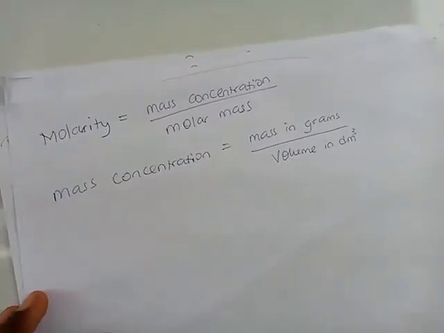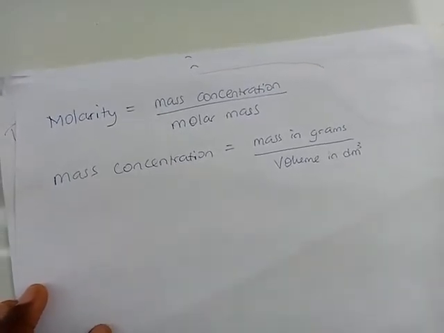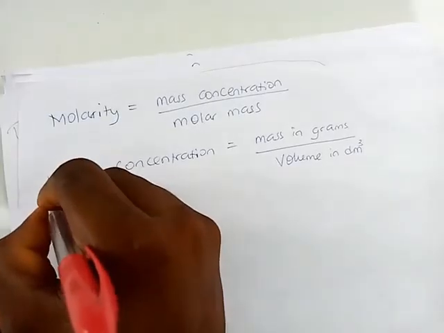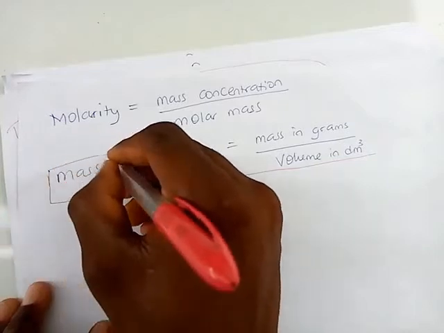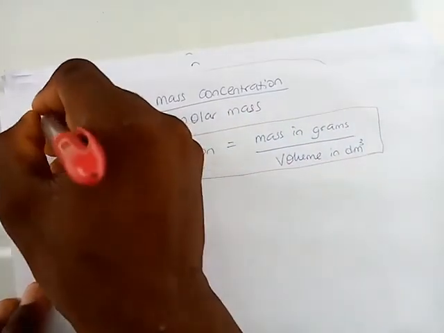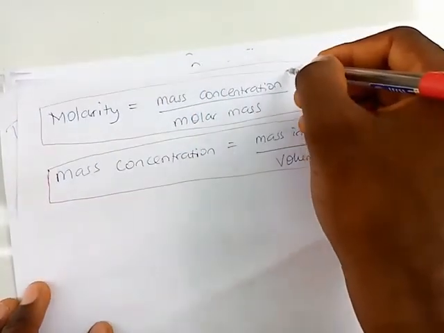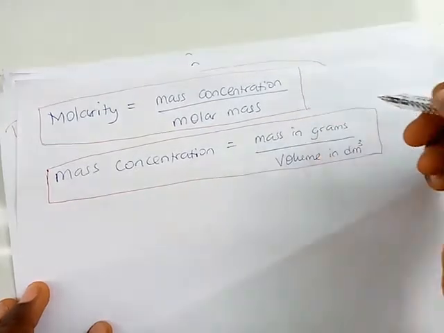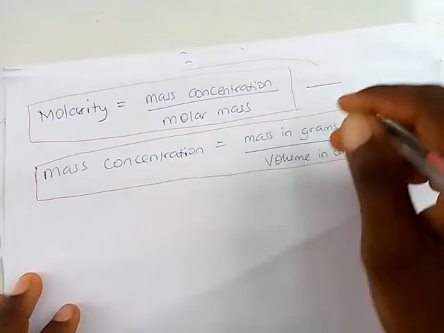These equations will be revisited when we start solving questions on molarity and solubility. As I said earlier, it is good to take note of them. Just put them down, they'll be revisited.